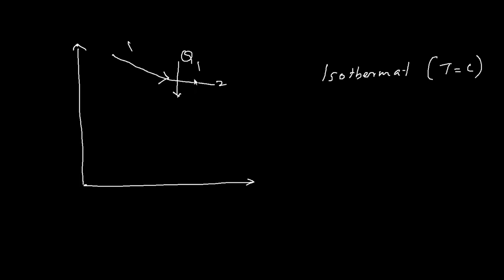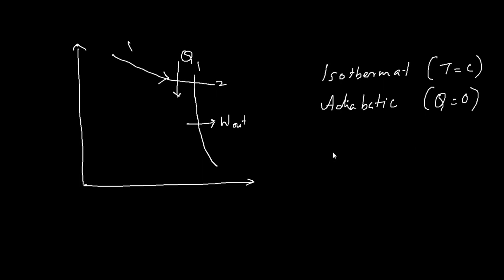And then you will have a reversible adiabatic process, where there is only work transfer and no heat transfer. So you get your work output in the reversible adiabatic process. An adiabatic process is one where there is no heat transfer.